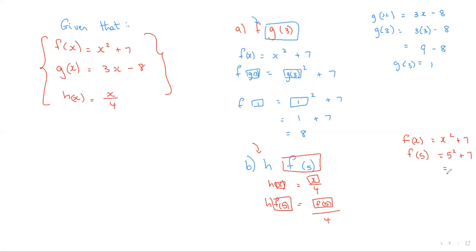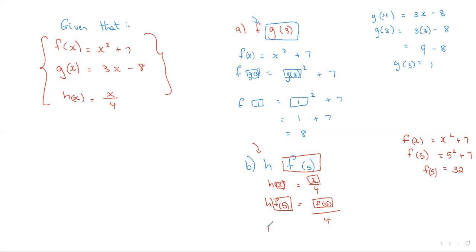Of course, you could use the calculator once it's paper 2 or paper 3. Right, so 5 5s are 25 plus 7, and we got 32. So f of 5 is 32.